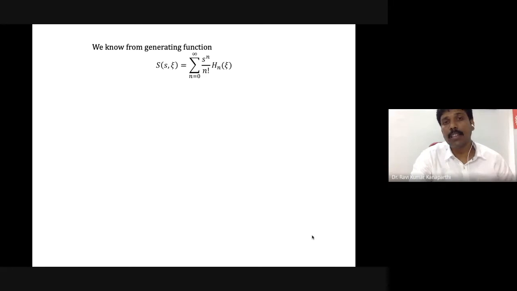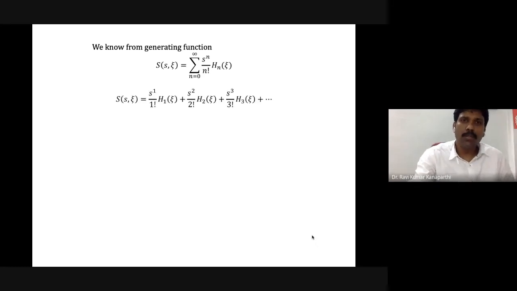From the generating function itself, we can evaluate Hn of z. The generating function of the Hermite differential equation is given by capital S of s comma z, which is equal to summation n runs from 0 to infinity of s to the power n by n factorial Hn of z. That is the generating function.